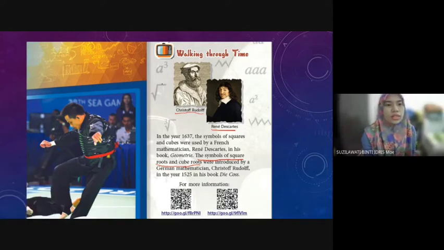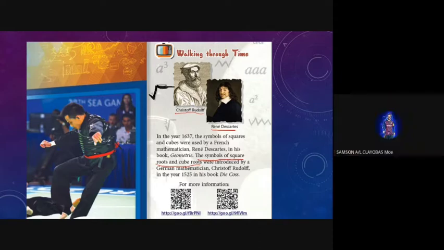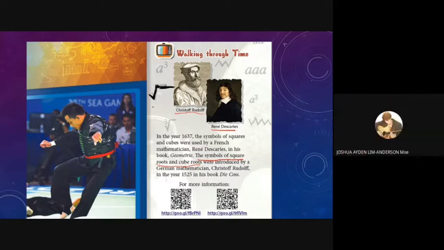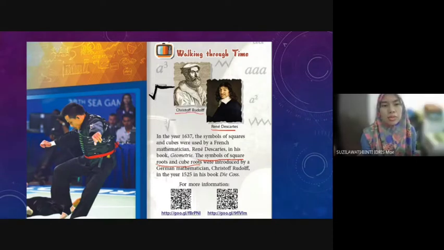Okay, this is the symbol of square root. This one. Do you have your calculator in front of you now? Do you have a calculator? Yes. Okay. Ya, 3 orang je yang ada calculator. Yang lain ni? Tak nak cakap boleh type dalam chat. Okay.